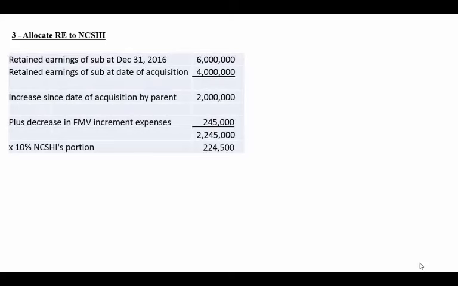So we take the retained earnings of the sub at the current date, the $6 million in 2016, and take away the $4 million at the date of acquisition, which tells us there's been an increase of $2 million since the parent acquired the sub. We know that NCI needs to have a portion of that. However, NCI also has to share in the fair market value increment amortization, since we recorded 100% of the fair market value increment amortization.